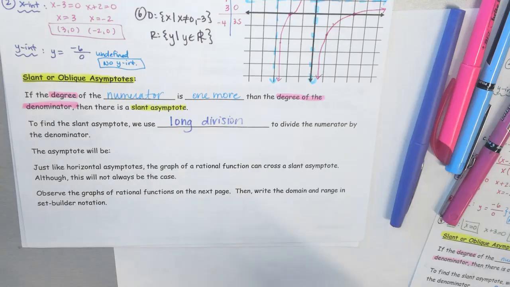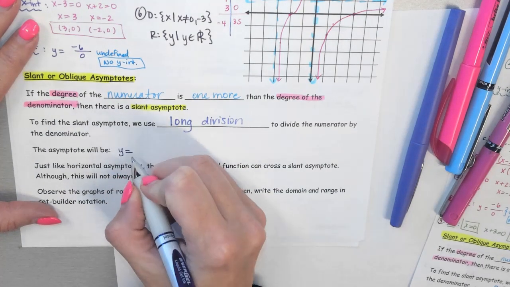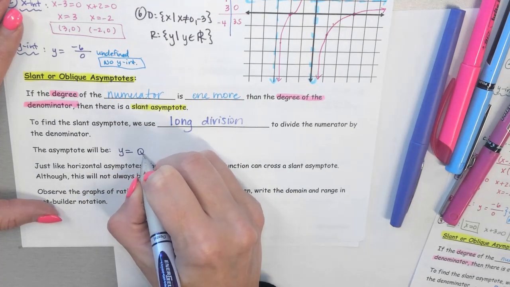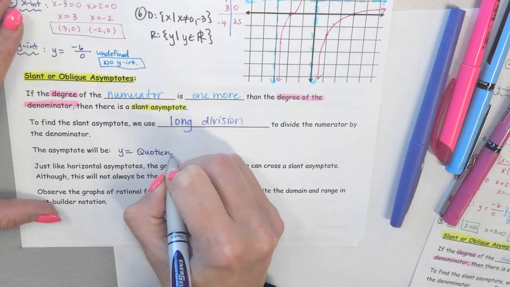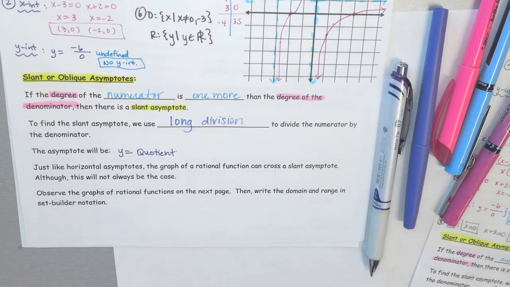Okay, so the asymptote is going to be equal to whatever your quotient is. When you are dividing, the quotient is what is on top when you divide.